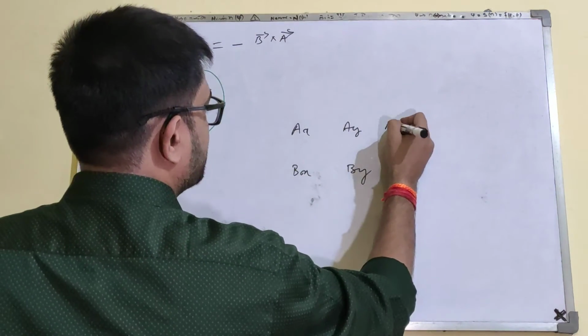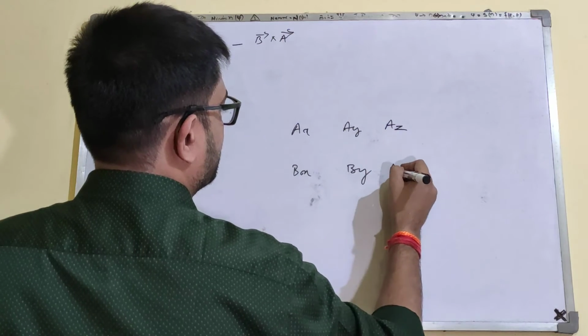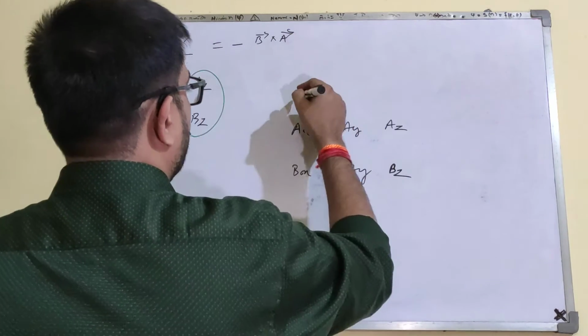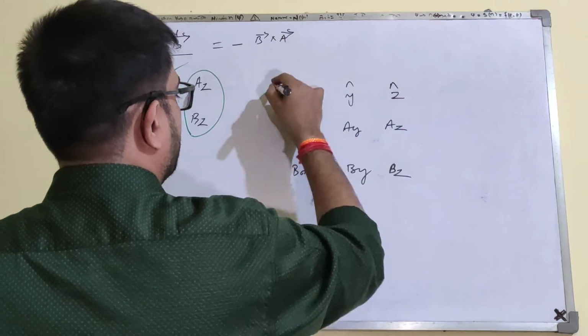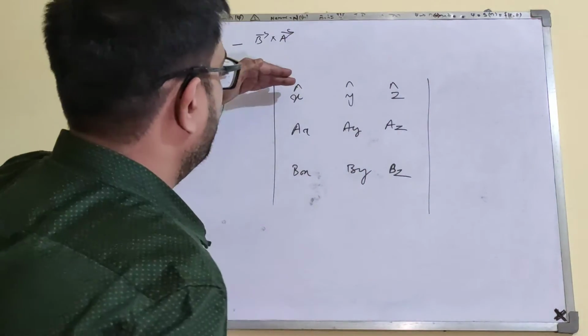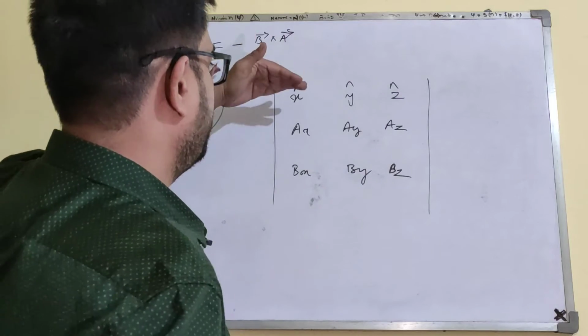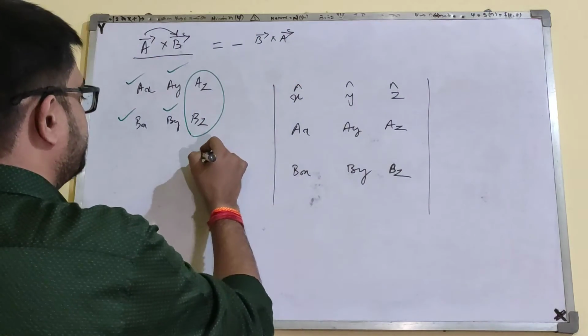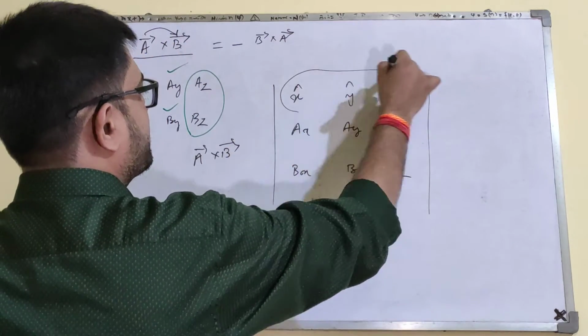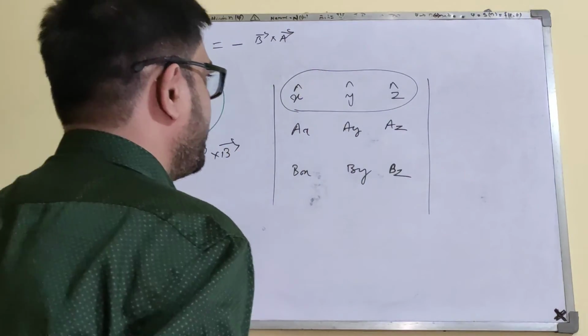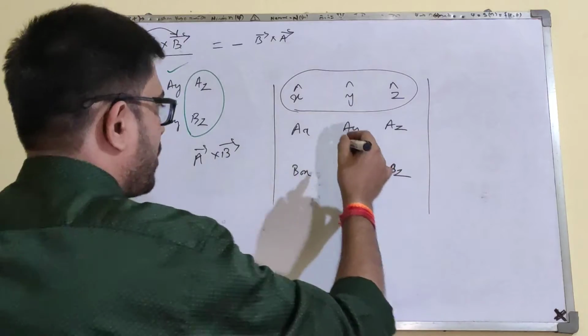So what we do, we assign all three coordinates X, Y, Z, and we put x hat, y hat, and z hat, so that when we expand this particular determinant A cross B using the first row, which is the row of unit vectors, we'll know the components.